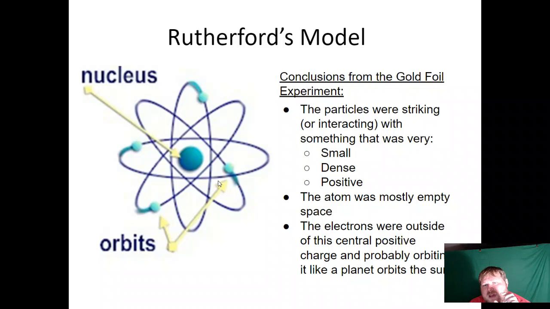So the first thing he tried to figure out was why is he seeing small deviations, just slight movement from straight through? And that one could be explained by whatever the alpha particle was coming close to, not necessarily hitting, but coming close to, it was being repelled.